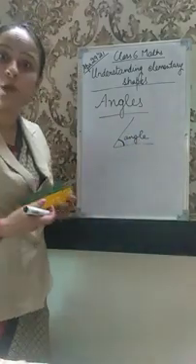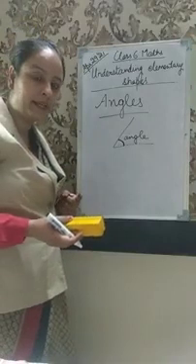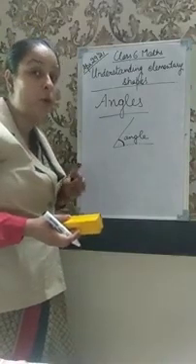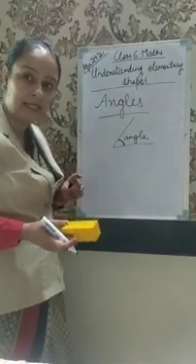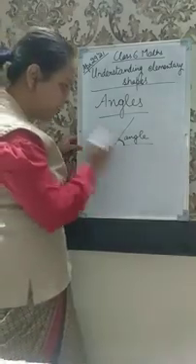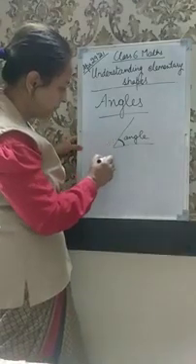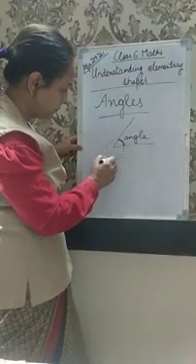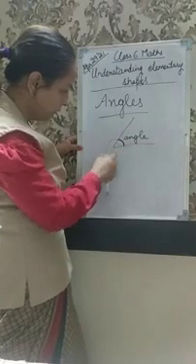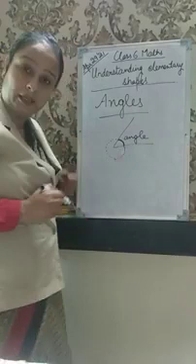Do you remember what a sector was? I just told you yesterday what a sector is. It is a portion of the circle, isn't it? So just look here. Is it not the portion of a circle? This could have been the full circle, right?